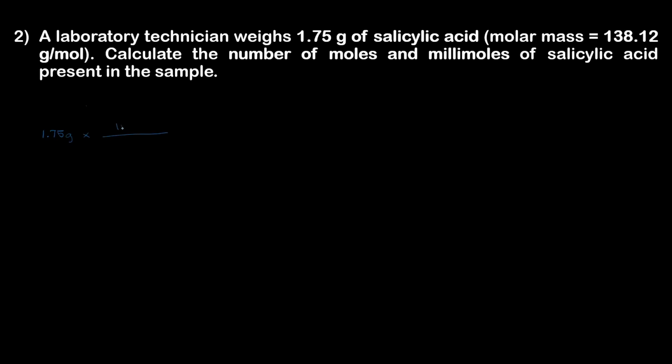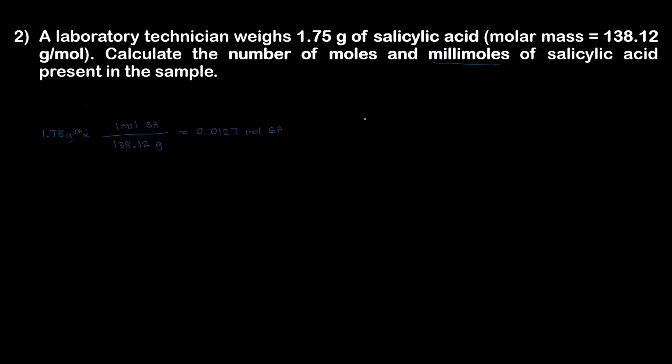So 1 mole, let's say salicylic acid is Sa, 1 mole of Sa weighs 138.12 grams. So we can get the mole value. If you calculated it, it would be 0.0127 mole salicylic acid.